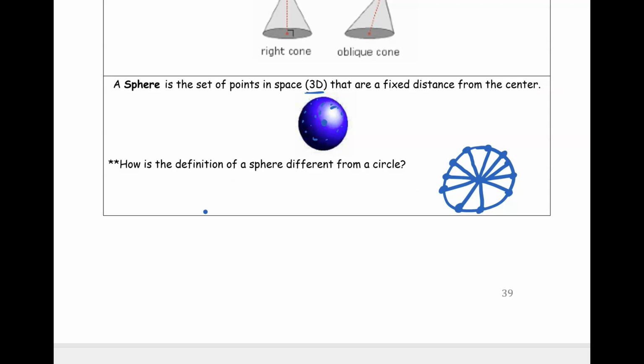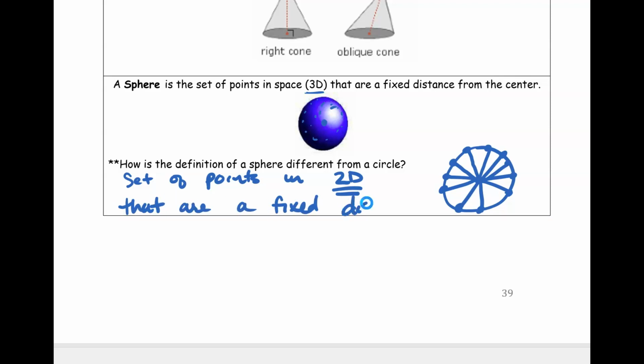The difference here is that a circle is the set of points in 2 dimensions that are a fixed distance from the center. So small part of the definition, but really important. 3D versus 2D is going to differentiate between a circle and a sphere.